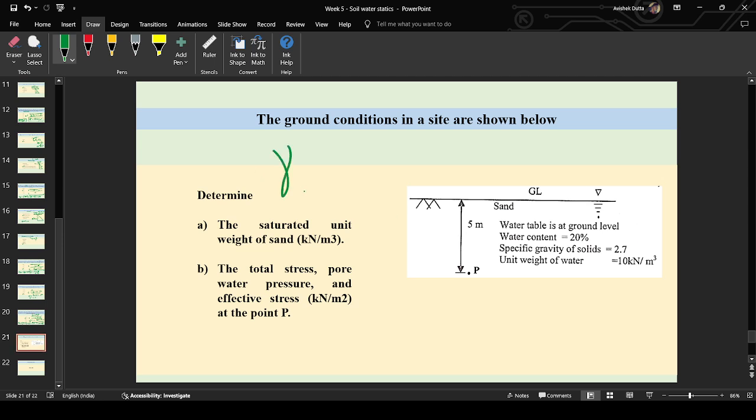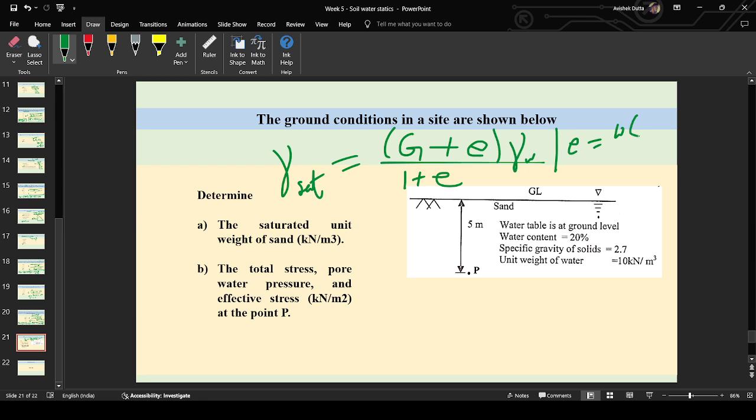So how do you find out gamma sat? You have the index properties. From there you can see the formula, gamma sat equals G plus e divided by 1 plus e, into gamma W. Don't write S, because S is equal to 1. First of all we will find out e equal to w G by S, where w is the moisture content, and S equals 1.